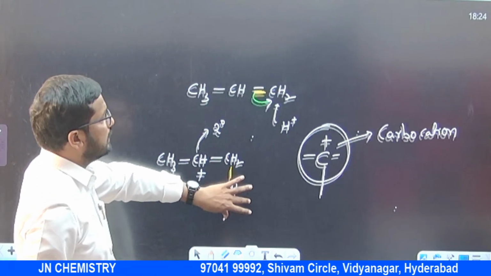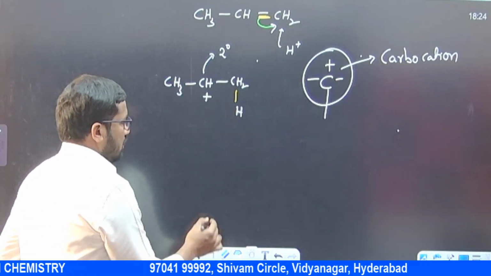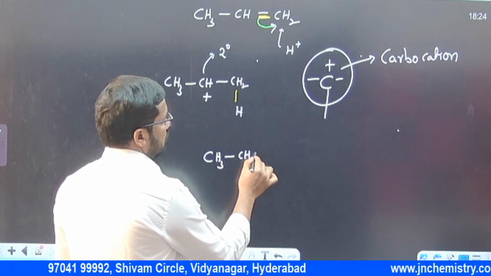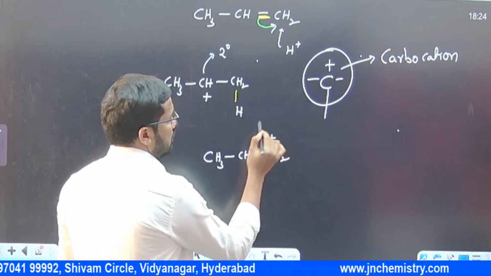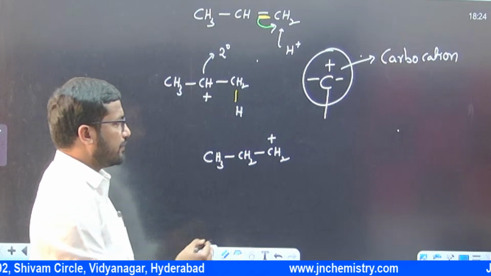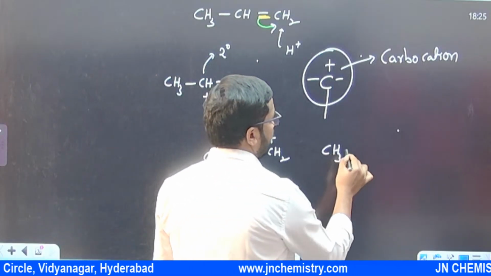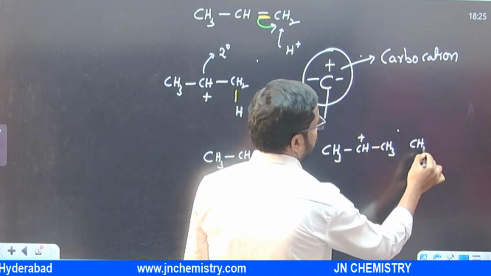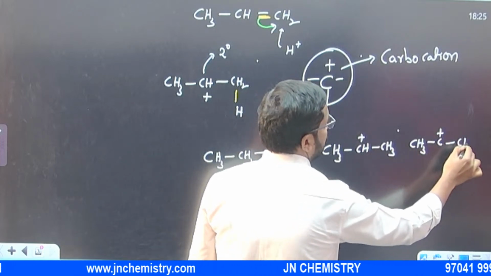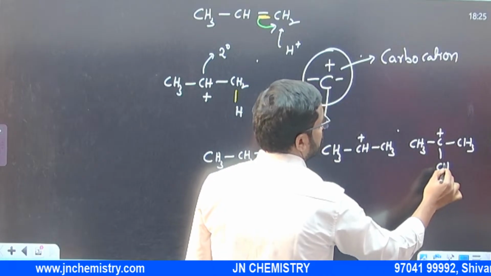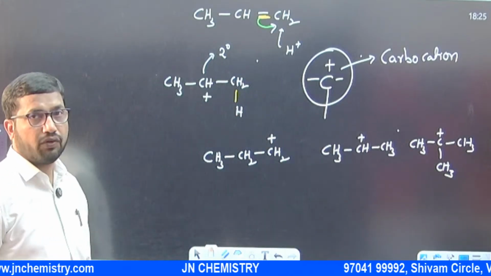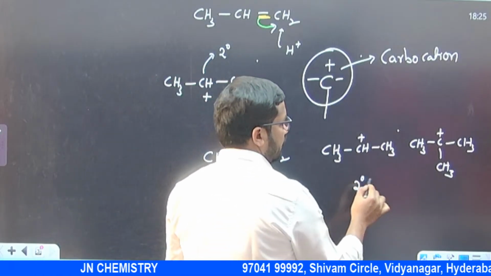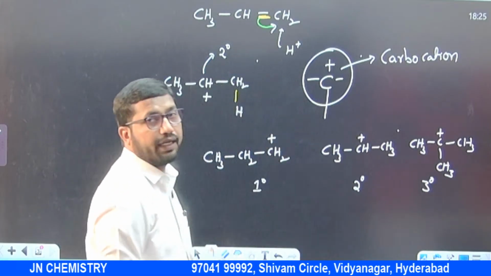Write it down: carbocations are 3 types. This is 1-degree carbocation, primary; this is secondary; this is tertiary carbocation.